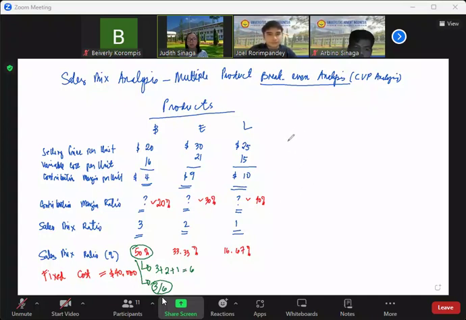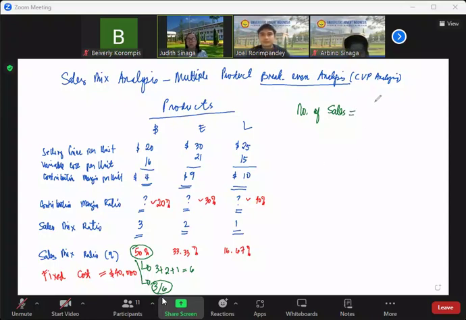Now, the first thing that we are going to look for is the number of sales. This is the thing that we are going to compute.